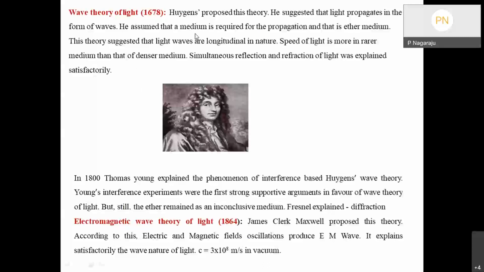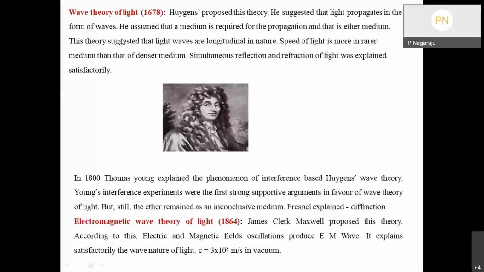He assumed the longitudinal wave nature of light, and further he also assumed that for the propagation of the wave motion, a medium is required, and that medium is nothing but the ether medium, which fills the empty space as well as the material medium, and therefore it is called luminiferous ether or all-pervading medium.